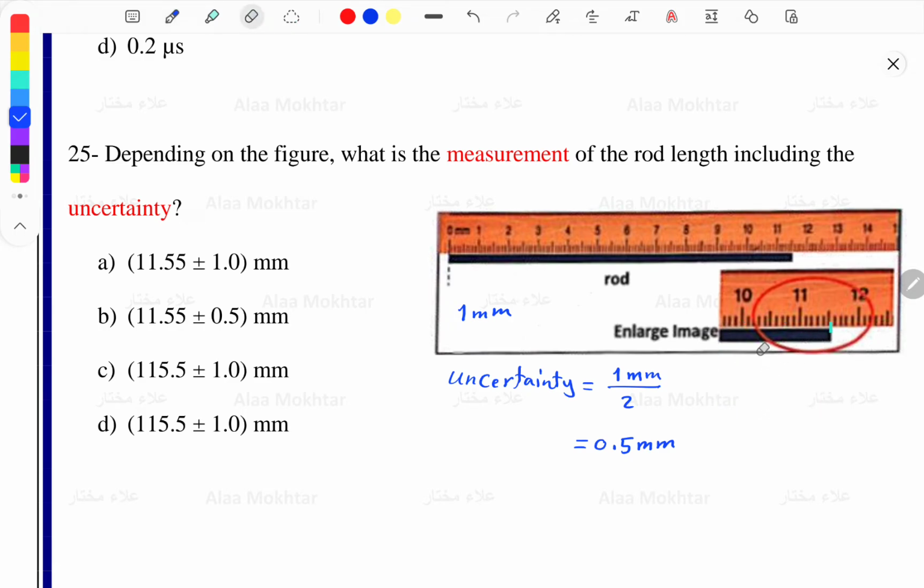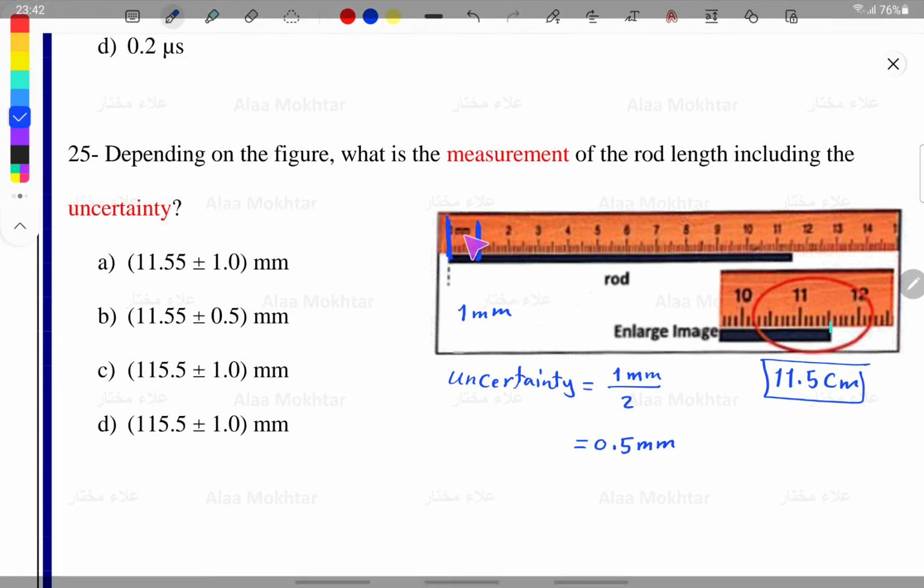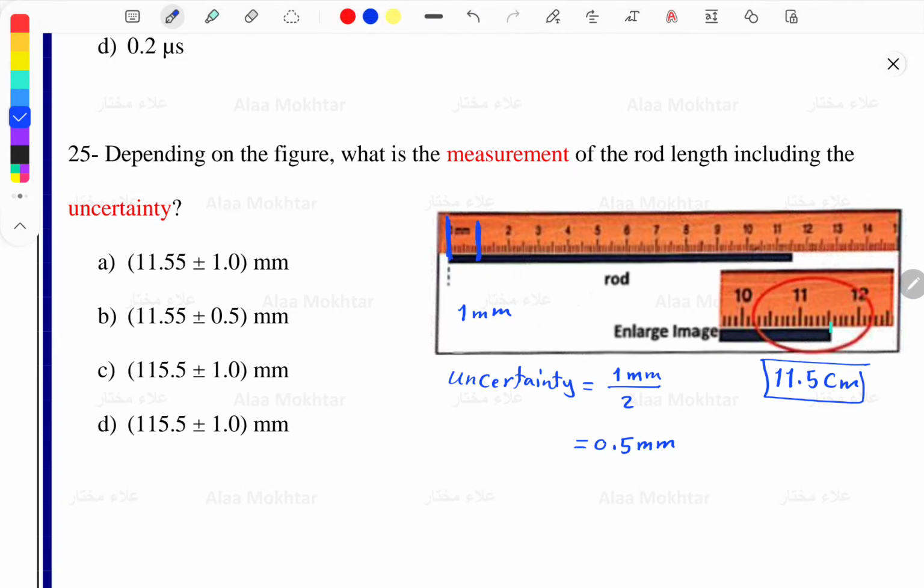Can we convert from centimeter to millimeter? Yes, we can. It's easy. 11.5 centimeter, we need to convert it to millimeter. 1 centimeter equals how many millimeter? It equals 10 millimeter. Is it correct?